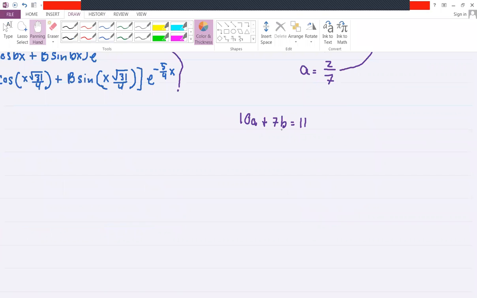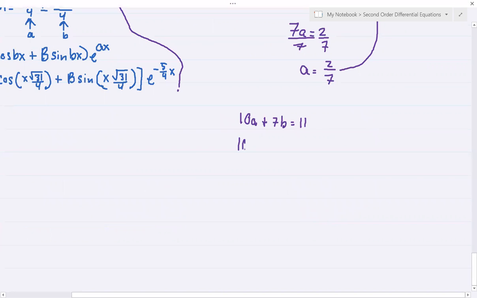So since your a is equal to 2 all over 7, we can have 10 times 2 all over 7, then plus 7b is equal to 11. So 10 times 2 all over 7, we will have 20 all over 7 plus 7b equal to 11. So to get your b, transpose 20 all over 7 to the right side.